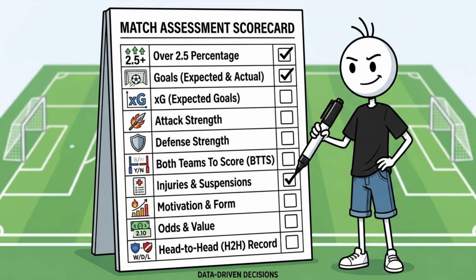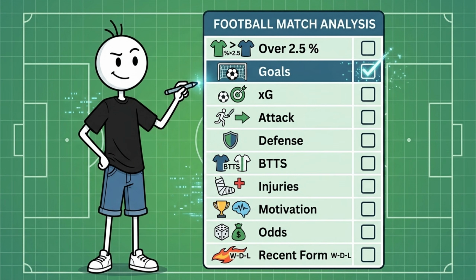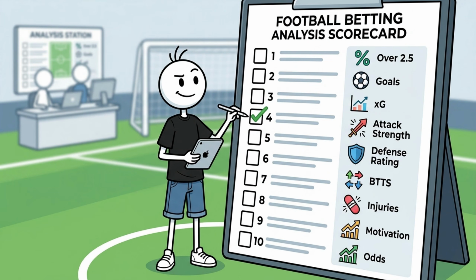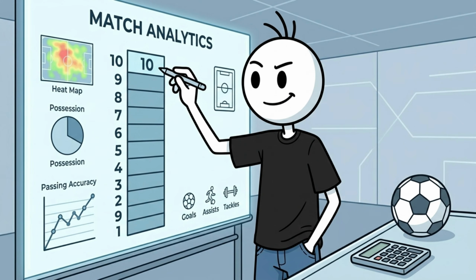Give the match 1 point for every condition it satisfies. Over 2.5 percentage above 55%? 1 point. Combined goals average above 2.7? 1 point. Combined XG above 2.7? 1 point. Home attack above 1.5? 1 point. Away attack above 1.2? 1 point.